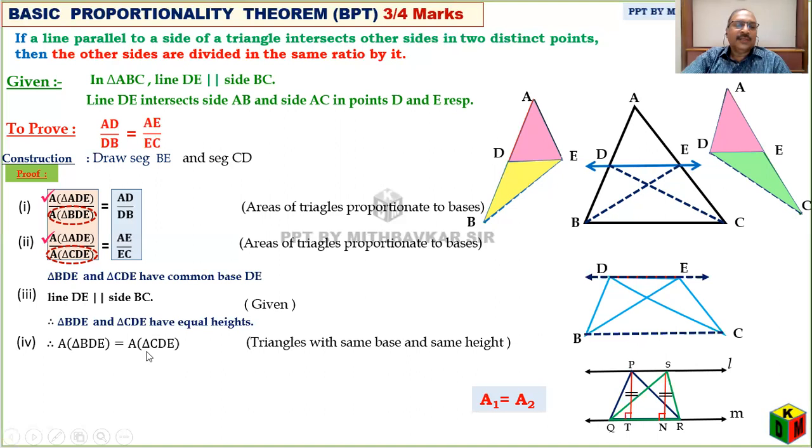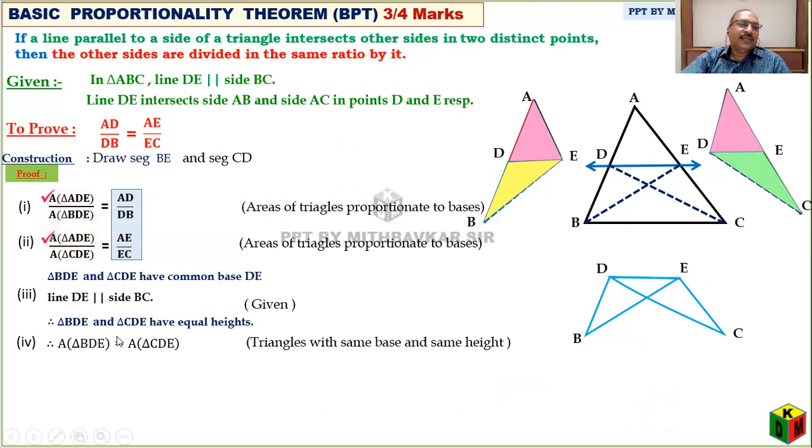Fine. So this way we got denominators equal. So numerators equal, denominators equal. I can conclude ratios are equal. That means I got left hand side equal. Look at this. Reason here is very important, from 1, 2, and 4.